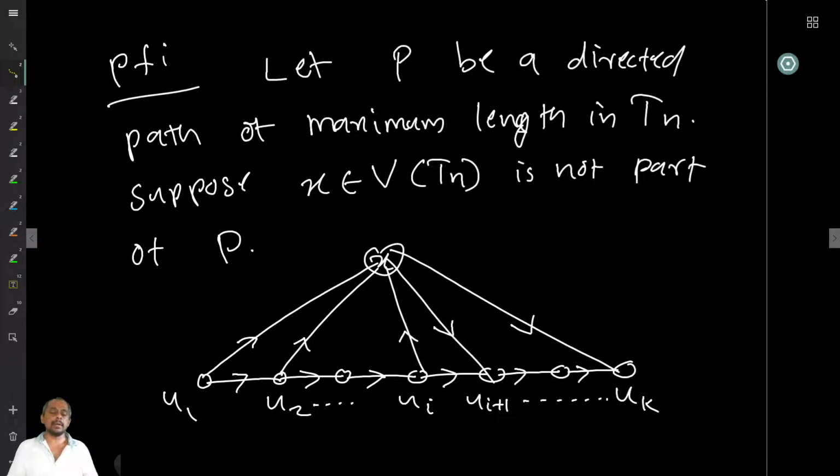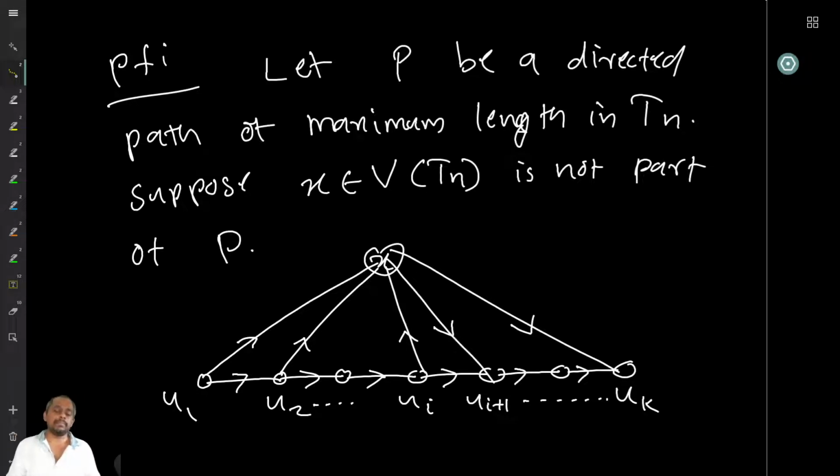The proof is very simple. Let P be a directed path of maximum length in the tournament Tn. So Tn is any tournament, and P is a directed path of maximum length. If the maximum length path has all the n vertices, then we are done. We already proved that there is a directed path of length n minus 1, which is the maximum length.